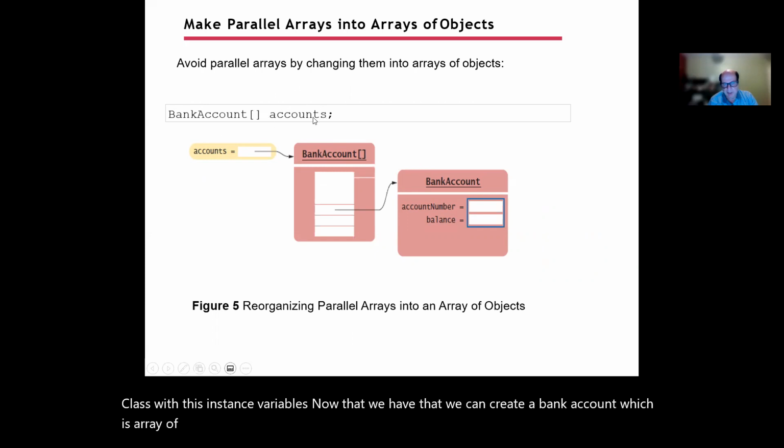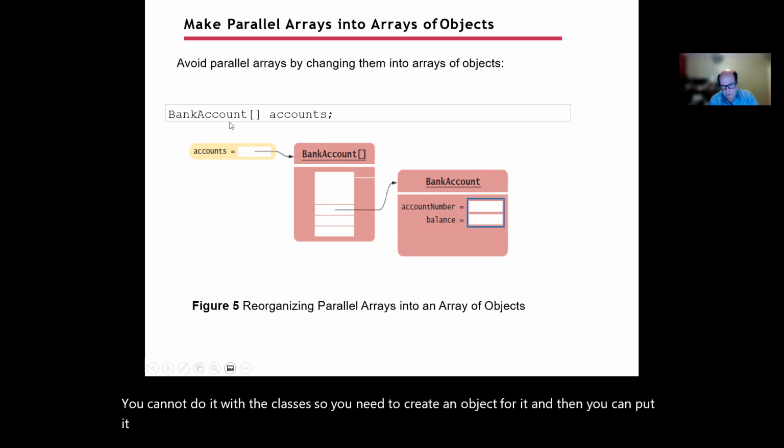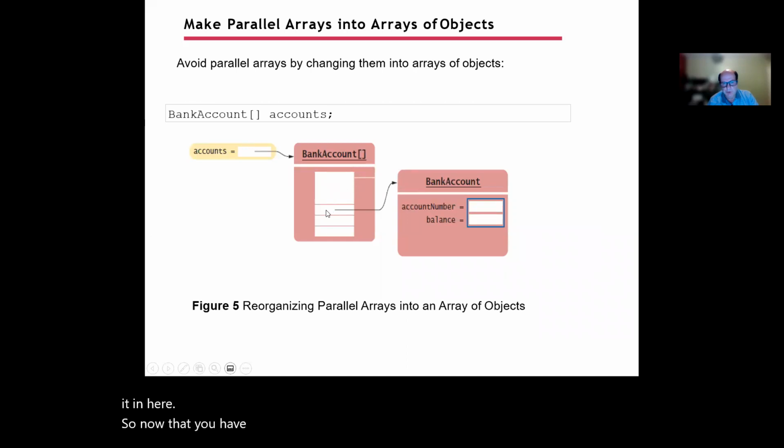Remember, this account has to be created. It has to have the object for it. You cannot do it with the classes. So you need to create an object for it, and then you can put it in here. So now that you have an array of objects, each object in the array is going to have the account number and the balance.